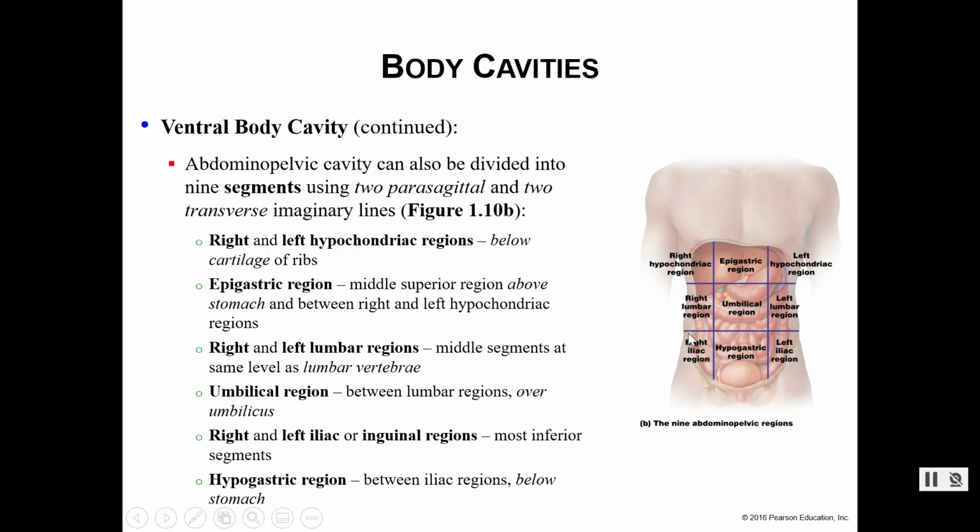And last but not least, we've got our right and left iliac regions. Iliac refers to your ilium of your pelvis, which is the top bone of your pelvis. And in between those, you've got your hypogastric region. So hypo, we said, meant below.